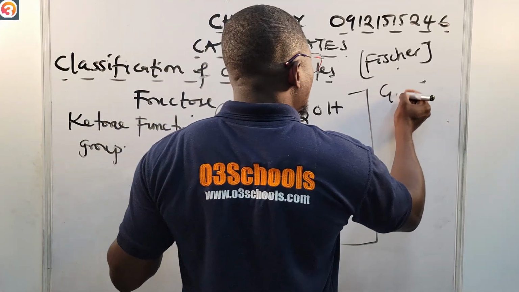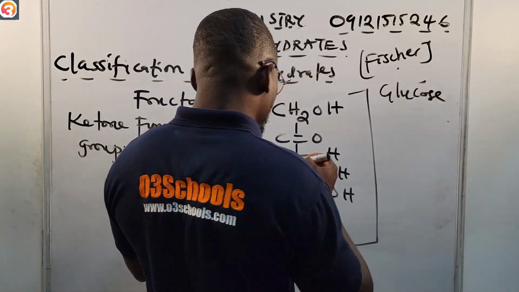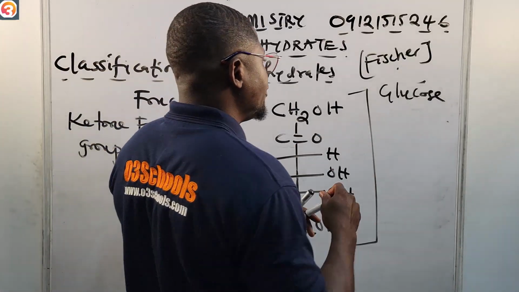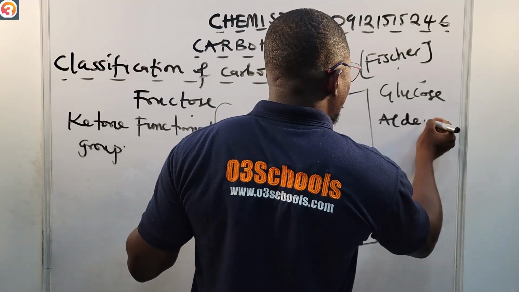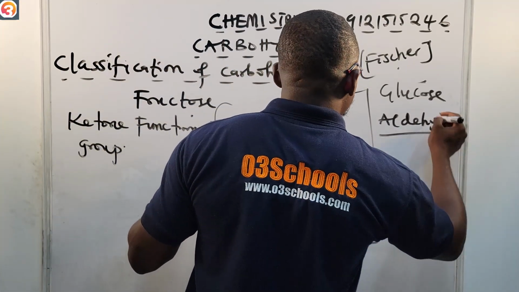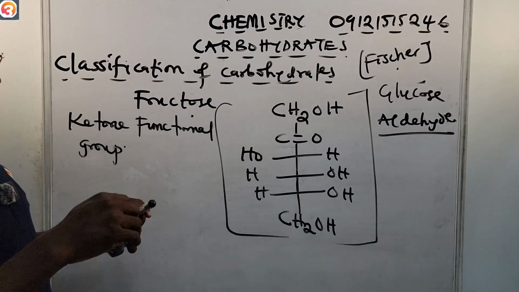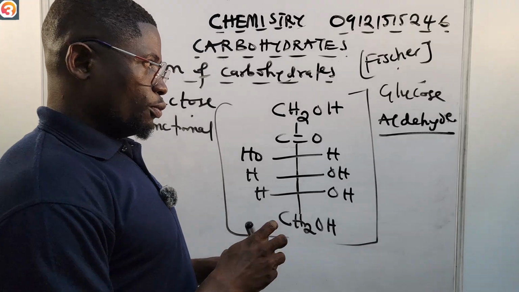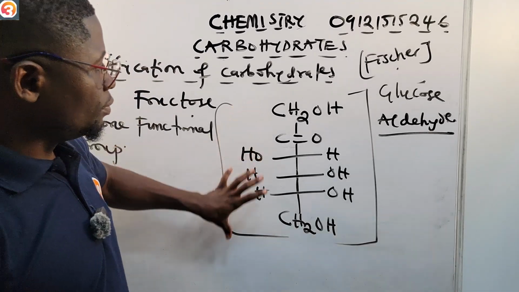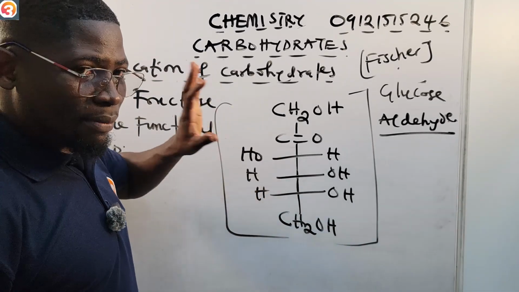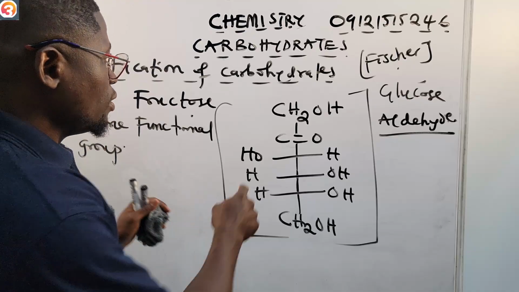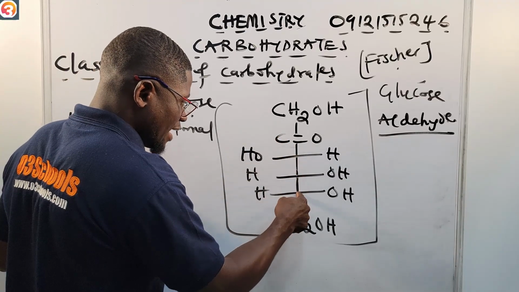So glucose has an aldehyde functional group, but for fructose, the functional group is a ketone. Please take note that this is the structure, having 6 carbon atoms: 1, 2, 3, 4, 5, 6.